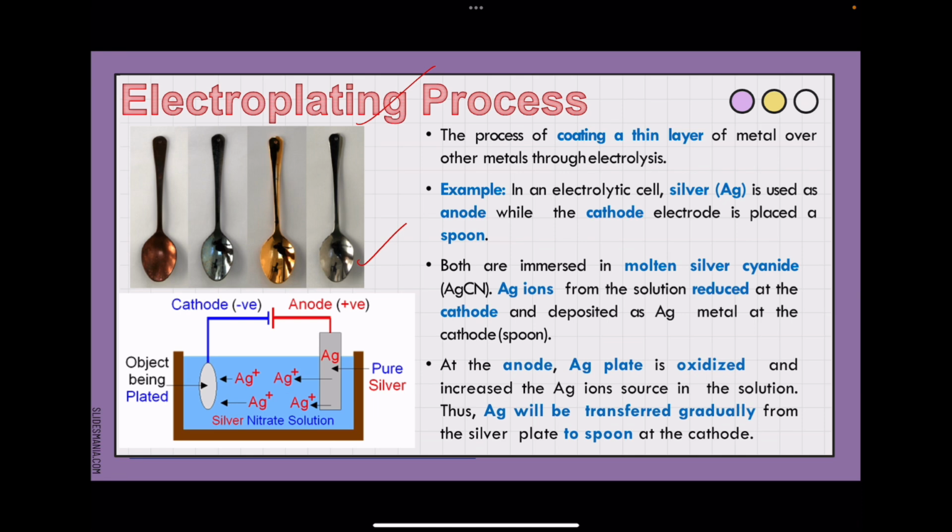At the cathode, silver ions are reduced and deposited onto the spoon. At the anode, silver metal dissolves, replenishing the ions in solution. This way, silver is gradually transferred from the anode to the spoon, creating a protective and decorative layer.